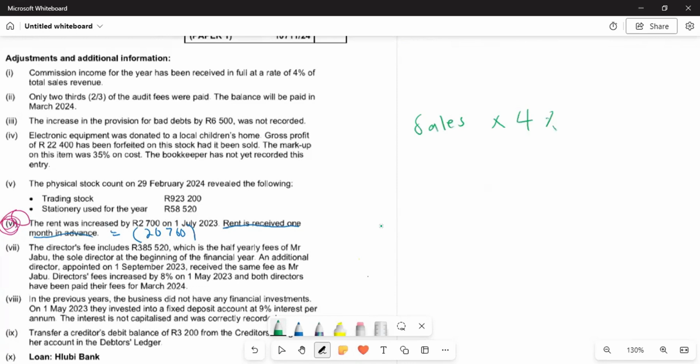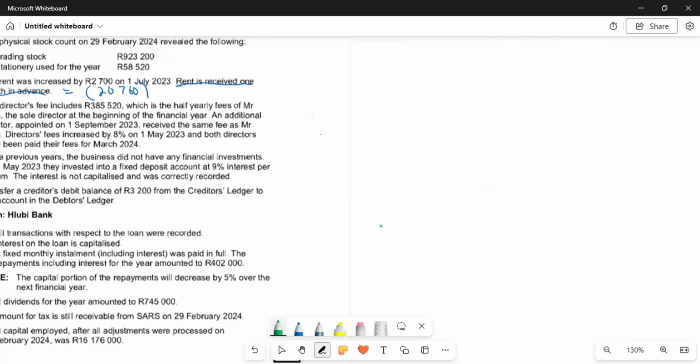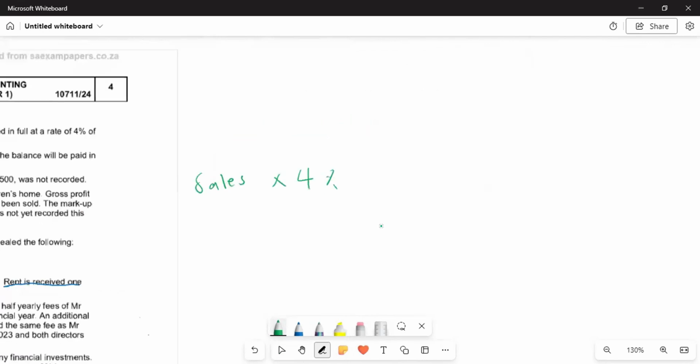Now let's go and identify the sales amount. Now this is the sales amount that is given, which is 20 million and 35,000, right? So here we're just going to say 20 million and 35,000 multiplied by 4%, and then we're going to get our commission income. So punching that into your calculator, your commission income should be equals to 801,400.